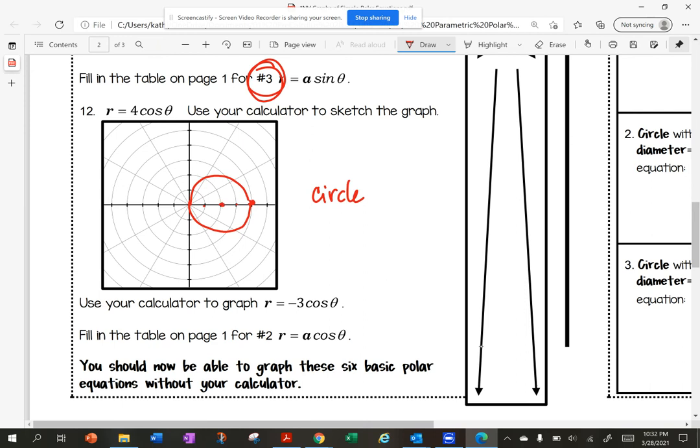And I'm interested in where the center of the circle is. So the center is on the x-axis, and then this is my A value right here. All right, so we're going to fill in number 2.